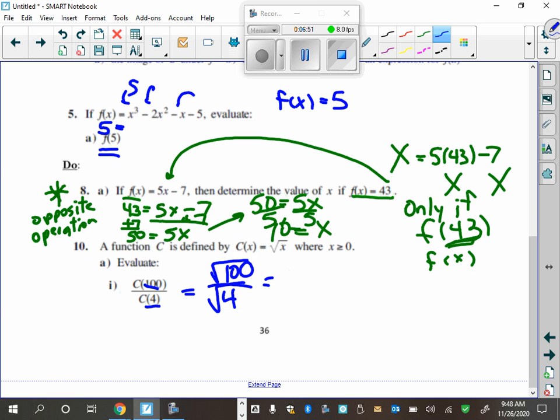Give you a minute to fully simplify that. So fully simplified is not just 10 over 2. You have to do 10 divided by 2, which equals 5.